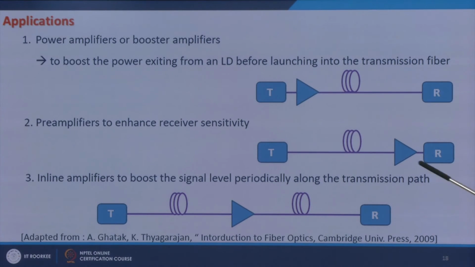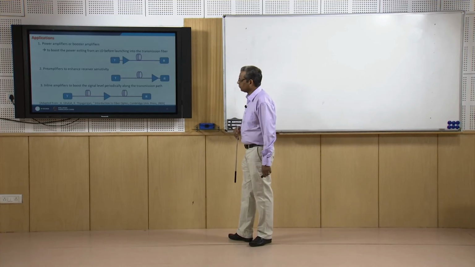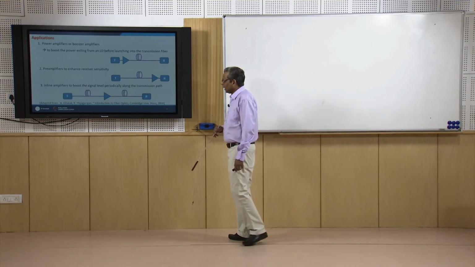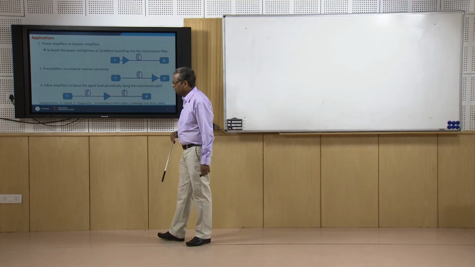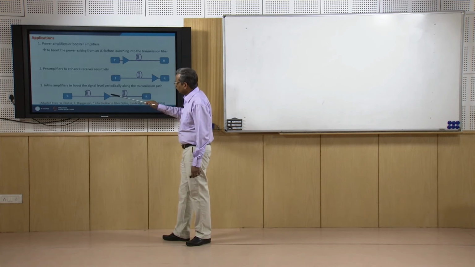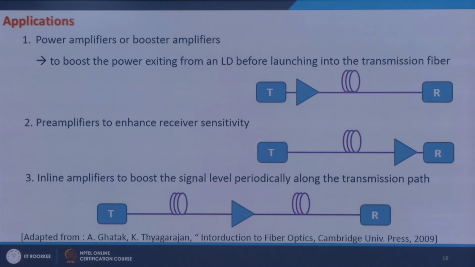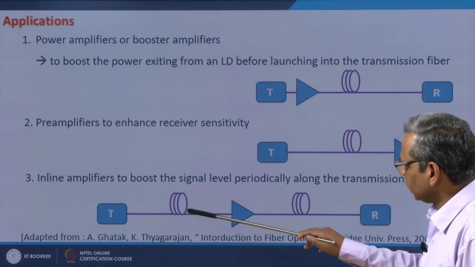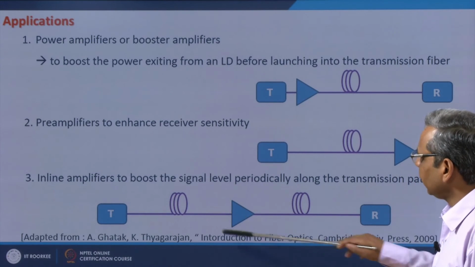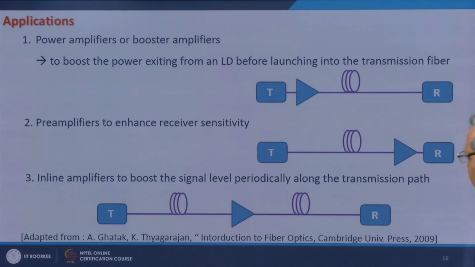Before sending the signal to the receiver, you first amplify the signal and then send it to the receiver, then it is used as a pre-amplifier. And the most commonly used is the inline amplifier, where you use an amplifier in between. Here your signal gets attenuated after traveling a certain distance through fiber, then you amplify it and send it in the next section.